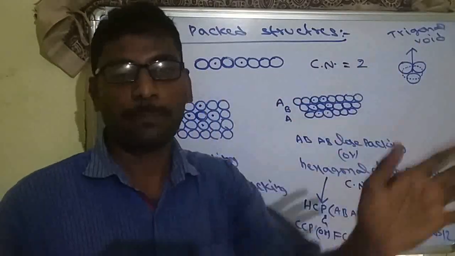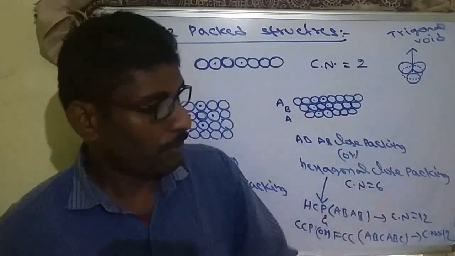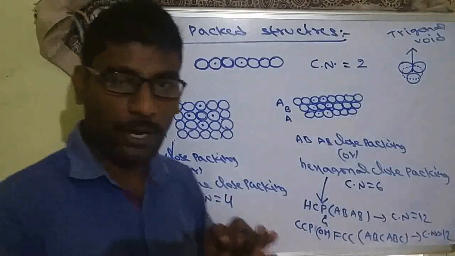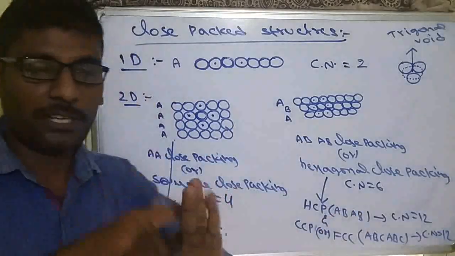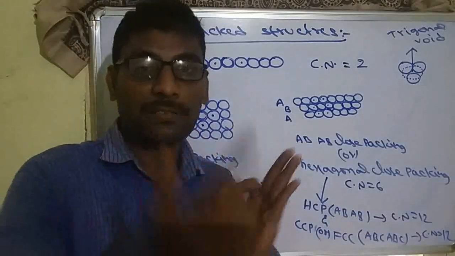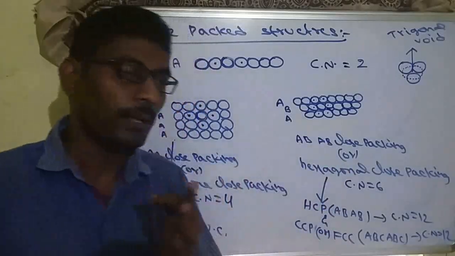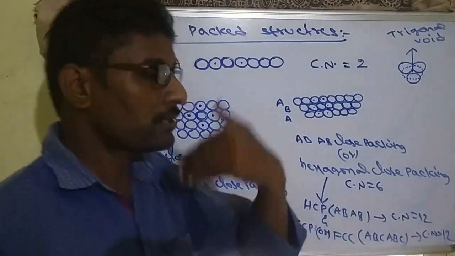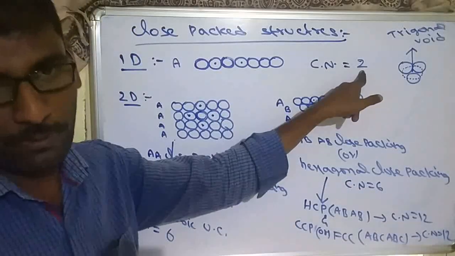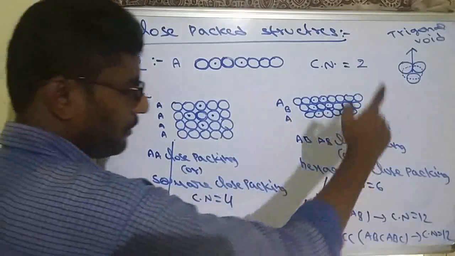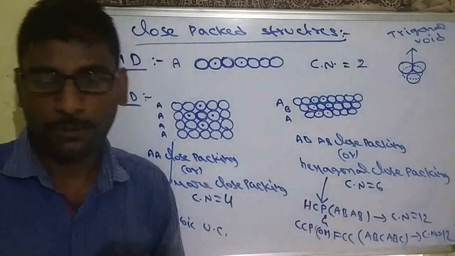You have to remember the BCC structure. So simple cubic 6, FCC 12, BCC 8. These three numbers you have to remember in three-dimensional. If they ask about one-dimensional, always 2. In two-dimensional, AA is 4, AB is 6. So all these are the coordination numbers.